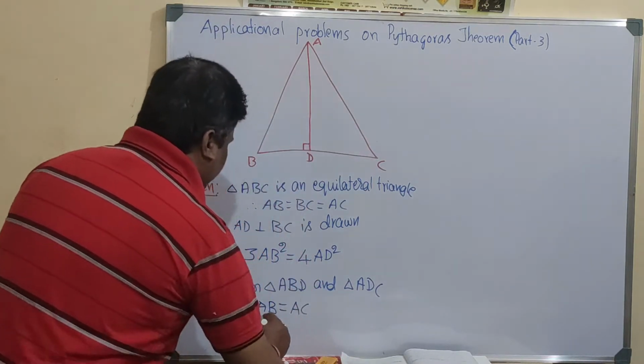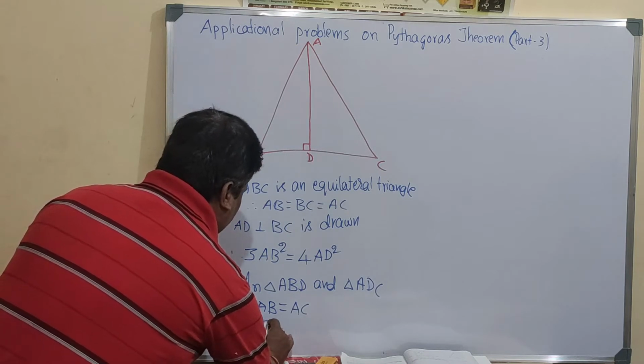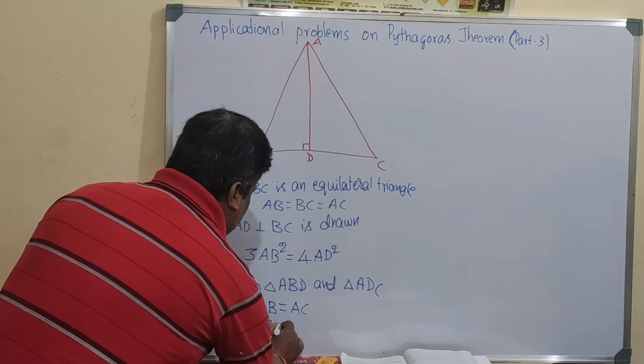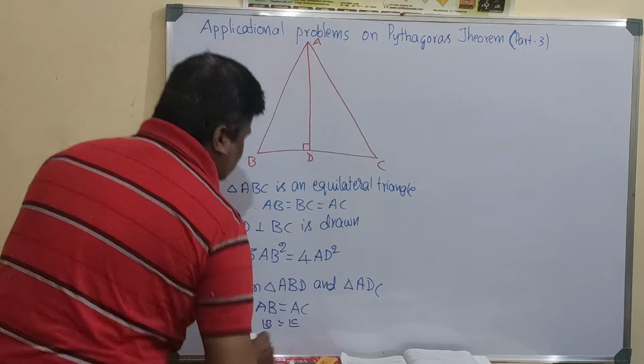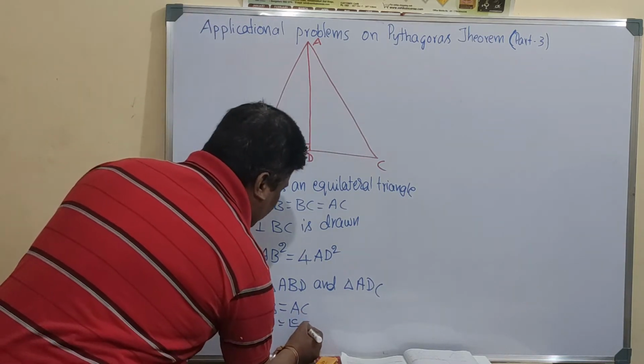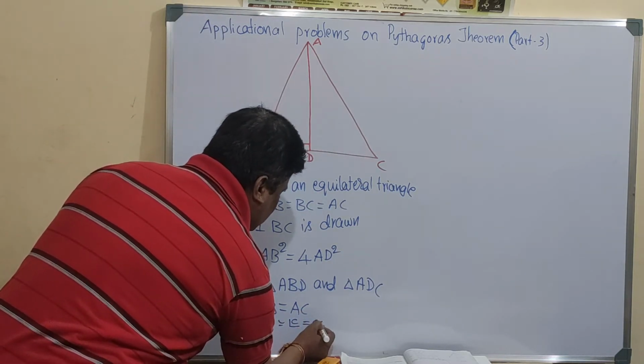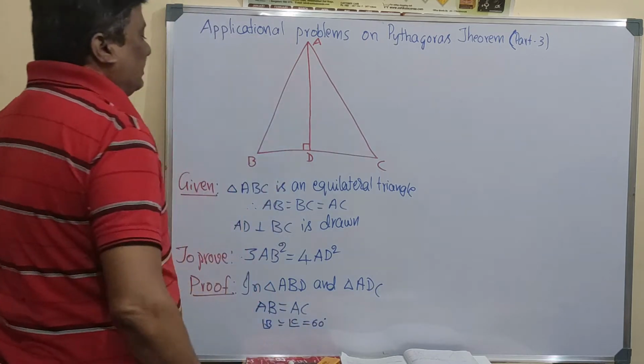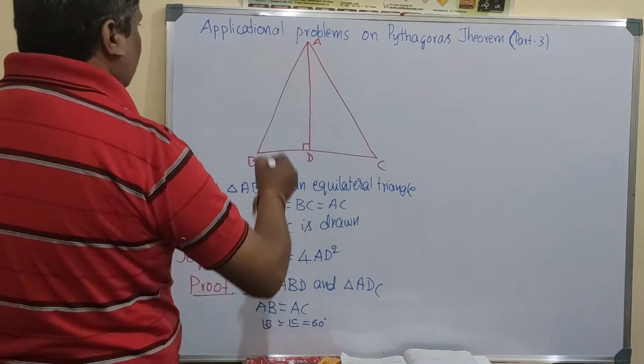Then angle B is equal to angle C, and each angle will be equal to 60 degrees.